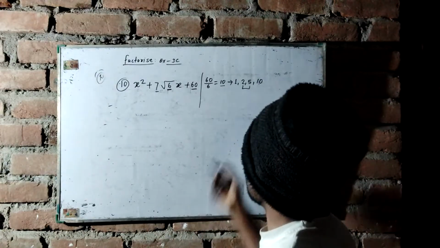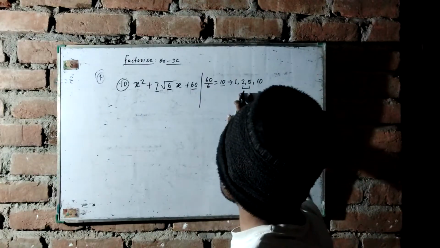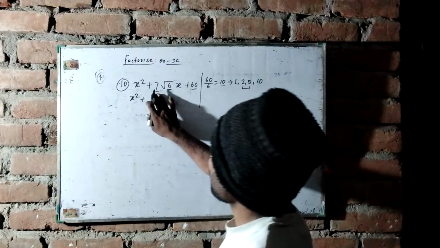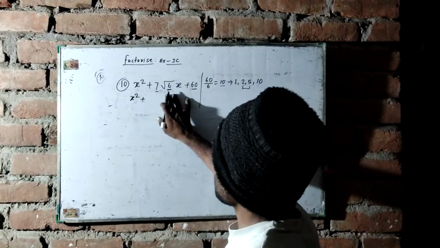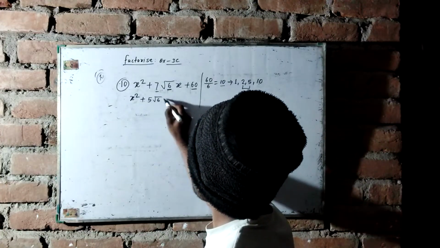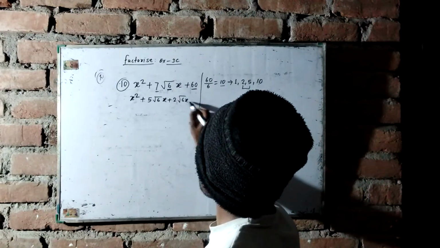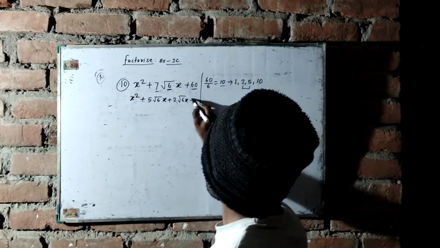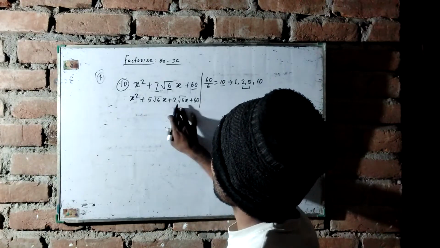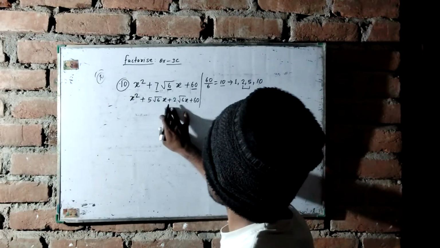So we take root 6 with both numbers and we can write x square plus 7 root 6 x as x square plus 5 under root 6 x plus 2 under root 6 x and 60 as it is, because their sum will be 7 under root 6 x and their product will be 60.